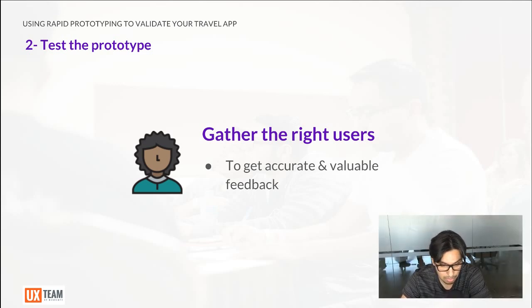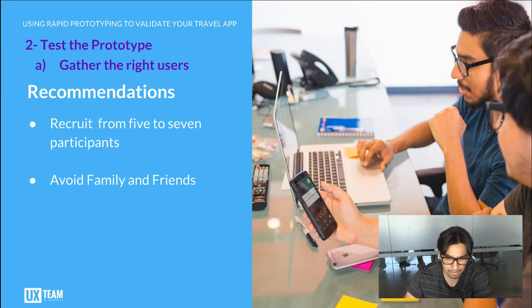Some of the recommendations that we're going to give today is to recruit 5 to 7 participants, because it is a fine number to validate. If we validate with more people, it won't change the results of the feedback much.